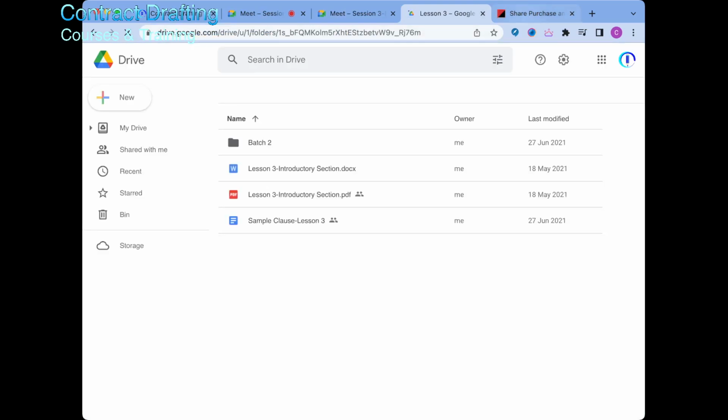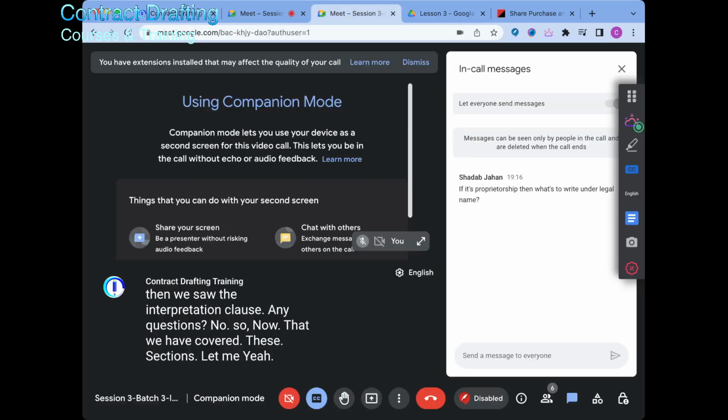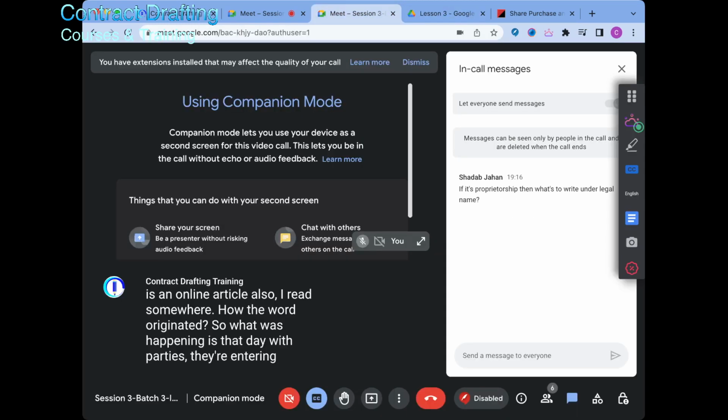See, when the contract drafting started, most likely in the UK, then the term recital was used. There is an online article also I read somewhere about how the word originated. So what was happening is that when parties were entering into a contract, they wanted them to recite about the transaction.